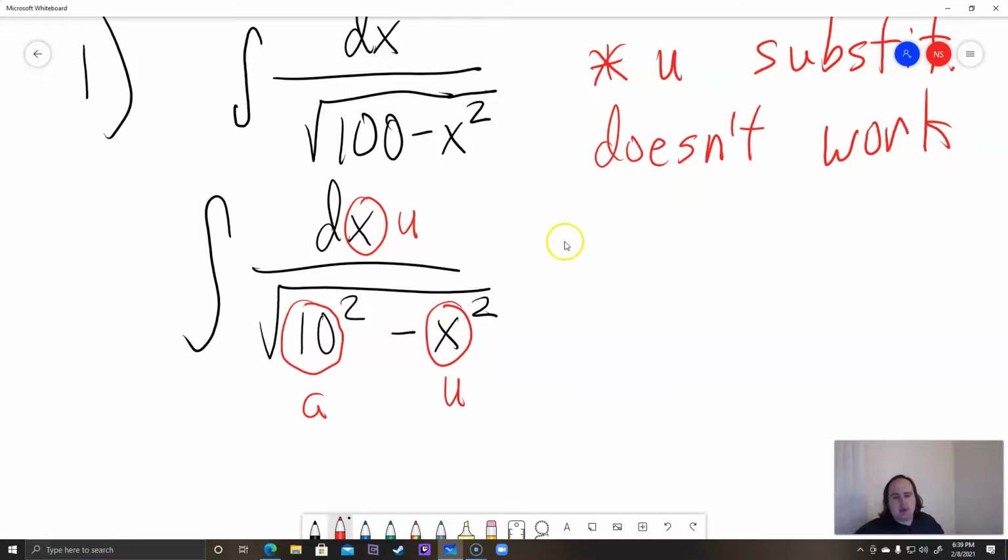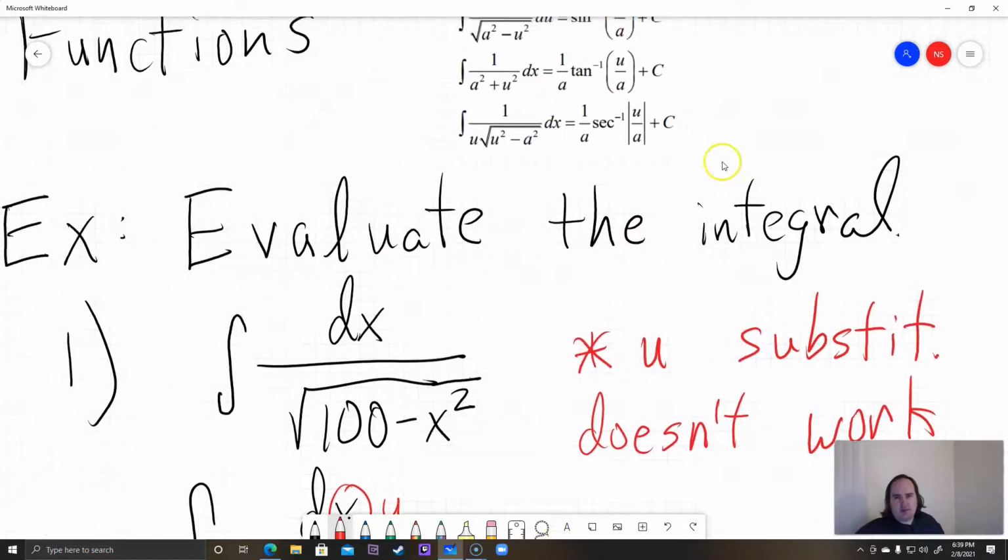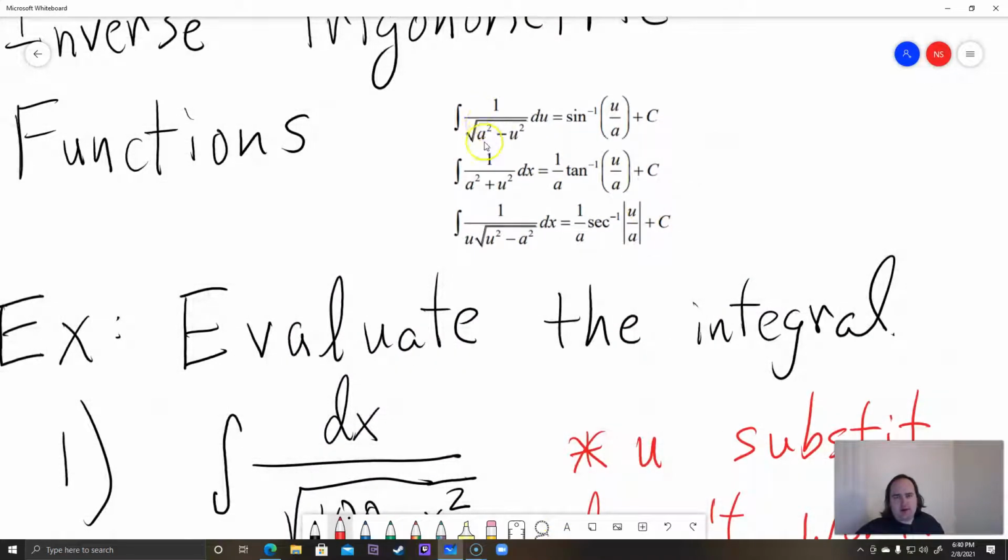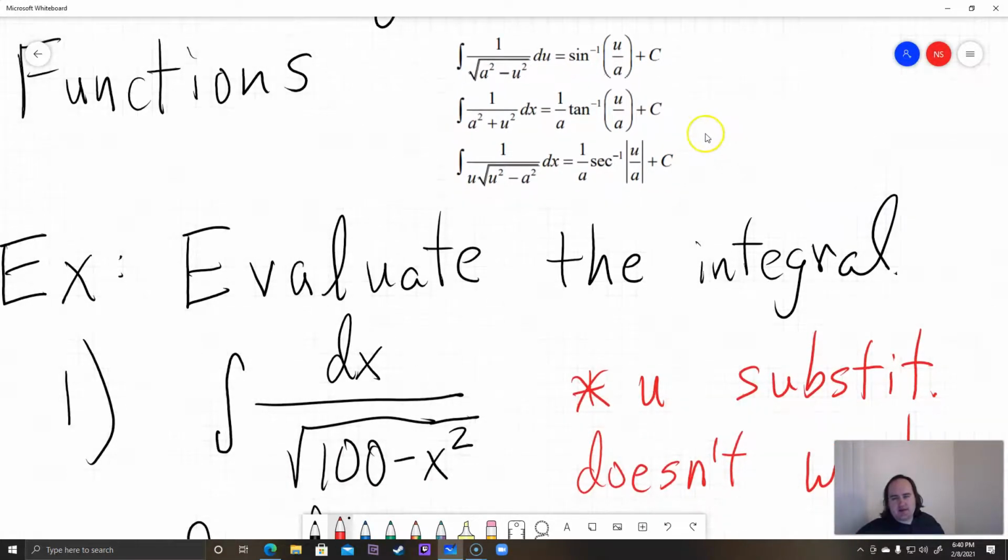So we have it in the form integral of 1 over square root of a squared minus u squared du, only here a is 10 and u is just x. That's going to give us sine inverse of u over a plus c.